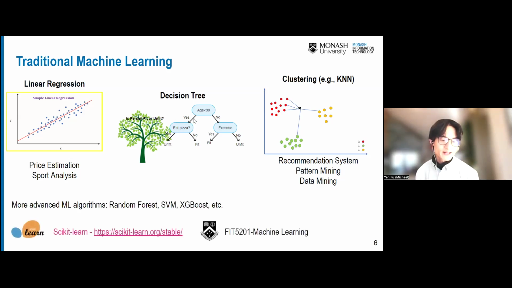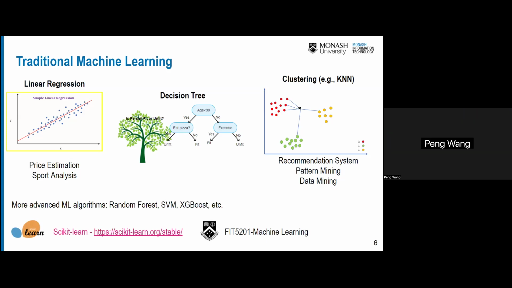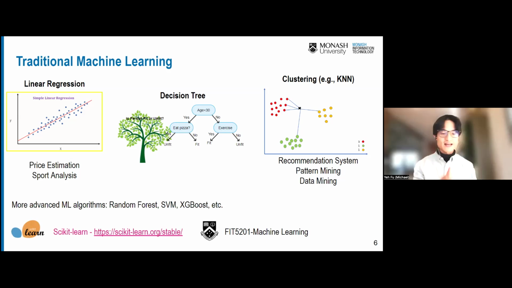And there are more advanced ML algorithms such as random forest, which is an advanced version of decision tree, and support vector machine, XGBoost, etc. If you are interested, you can check out this scikit-learn library I put here. It's a really great foundational machine learning library where you will get everything you need for learning basic machine learning.